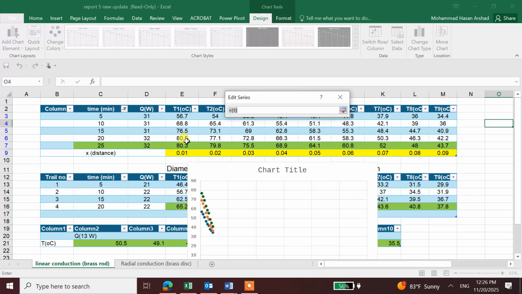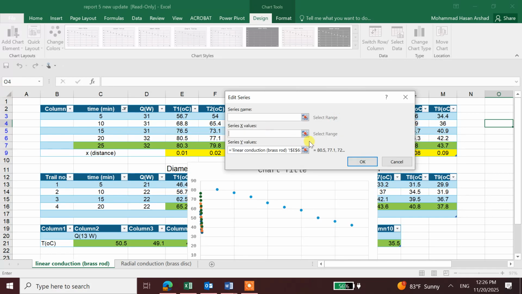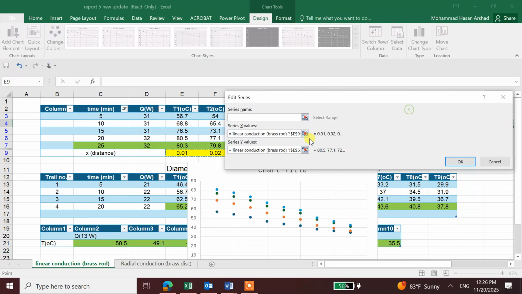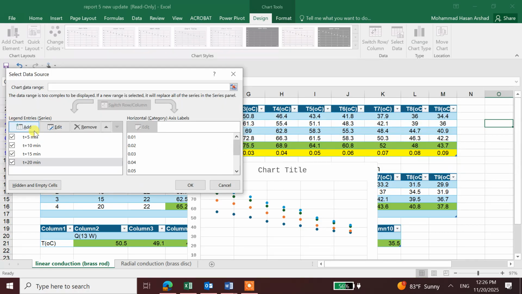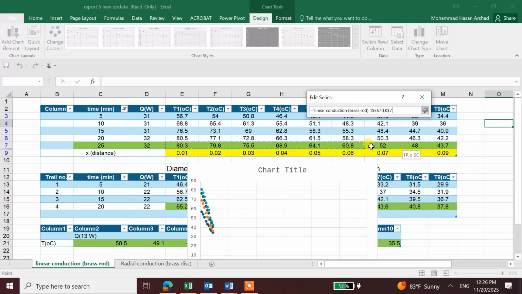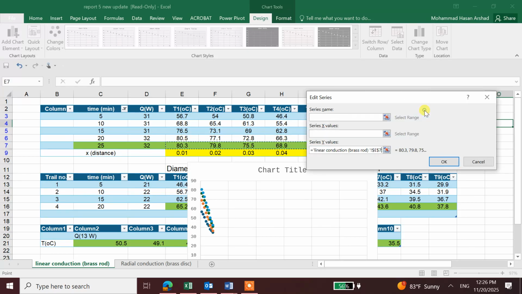The fourth one is at t equal 20, and then one more at t equal 25 minutes.